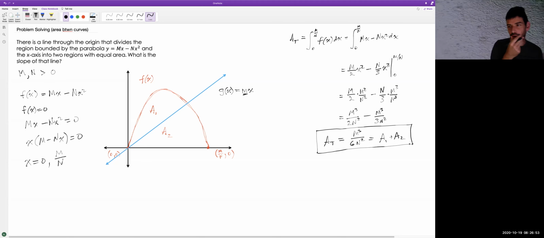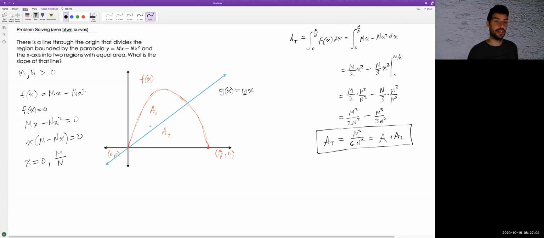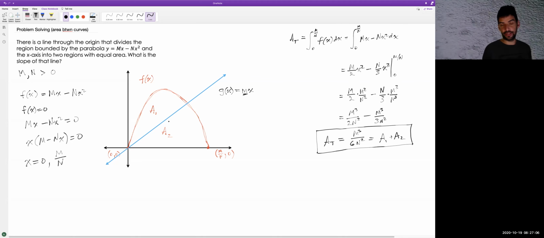All right, so let's go back to the problem. What else do we want? We want this line to split this thing in two. So another way we could say that, I've written it here, A1 plus A2 is equal to A total. That makes me have to deal with both this area on top and the area on bottom.